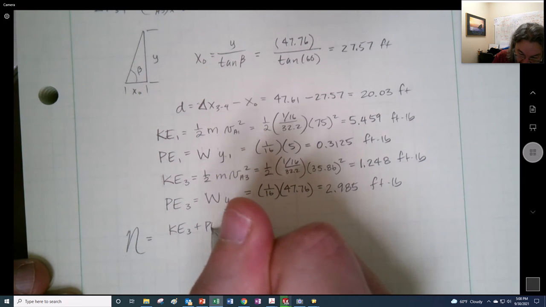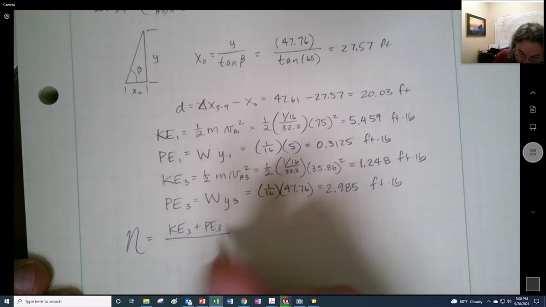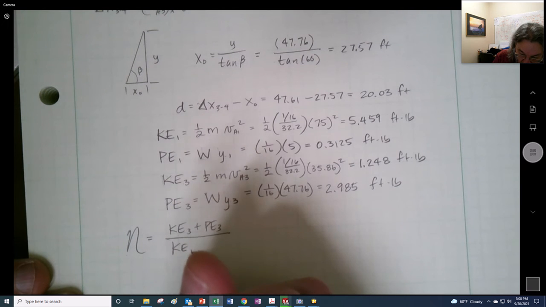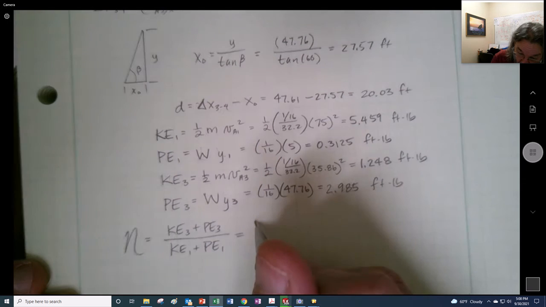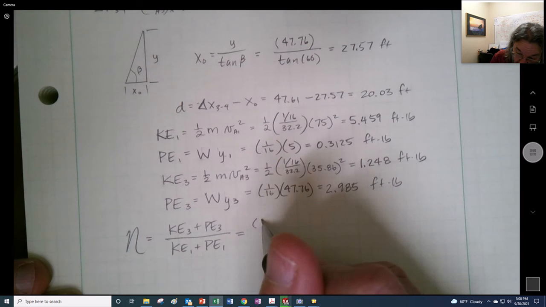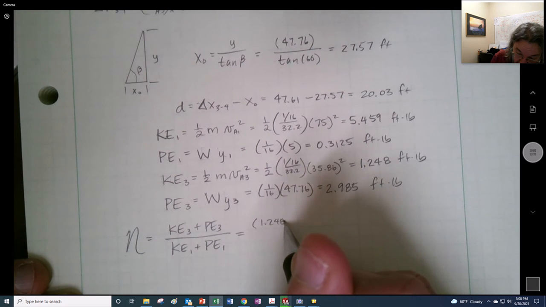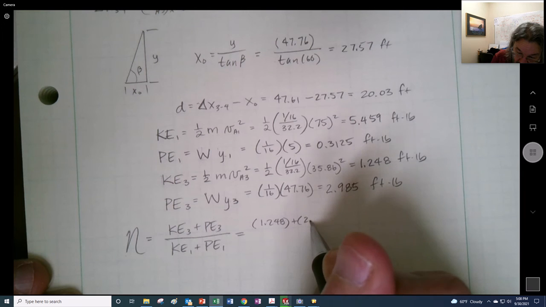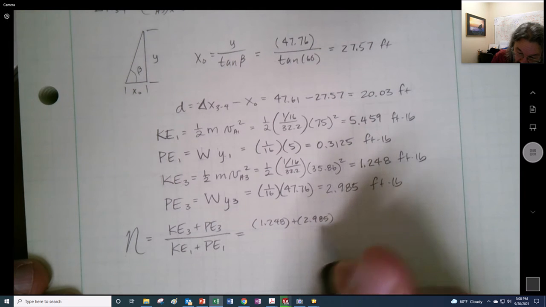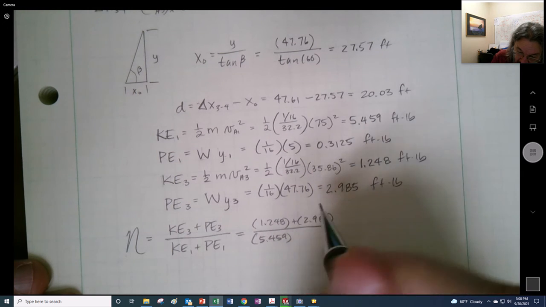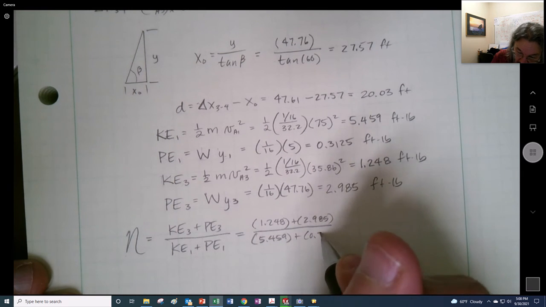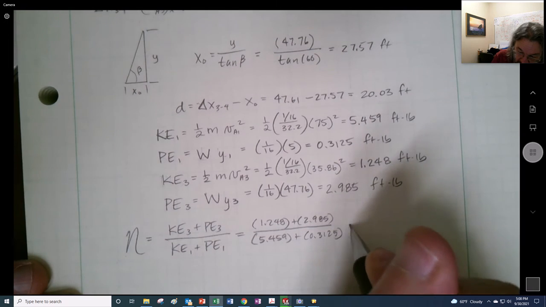So you get the total, the efficiency is going to be KE3 plus PE3 divided by KE1 plus PE1, or 1.248 plus 2.985 divided by 5.459 plus 0.3125.